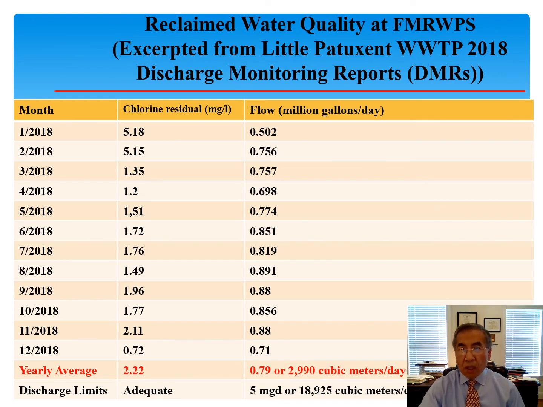This is the water quality from this treatment plant going to Fort Meade from January to December 2018. The range of chlorine residual and the range of flow. The average chlorine residual is 2.2. The flow they use is 0.79 million gallons per day, which is equivalent to roughly 3,000 cubic meters per day of reclaimed water.